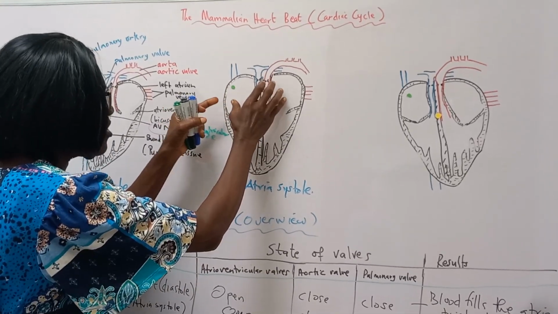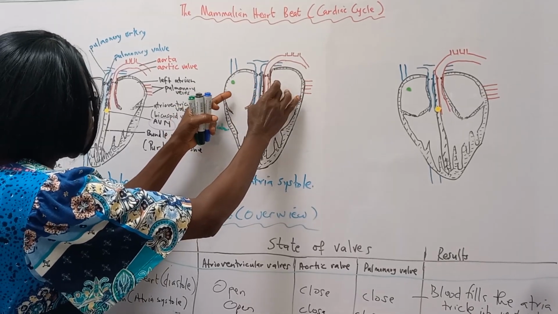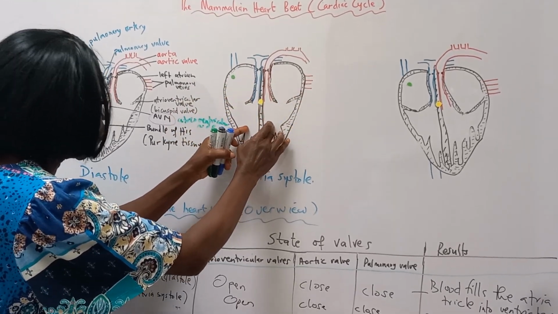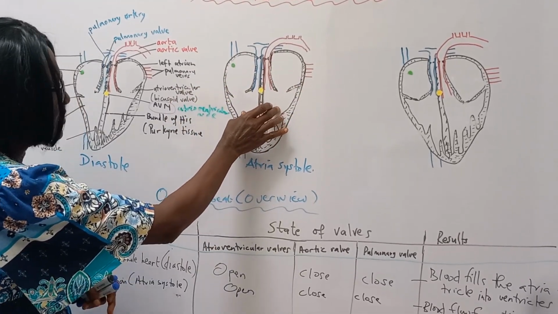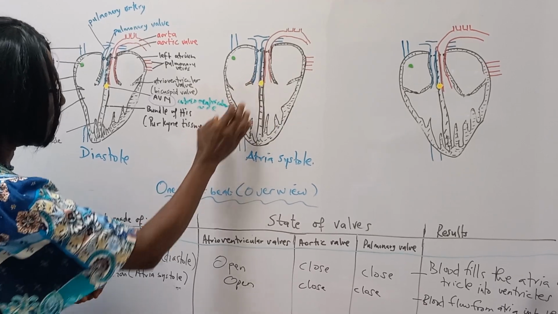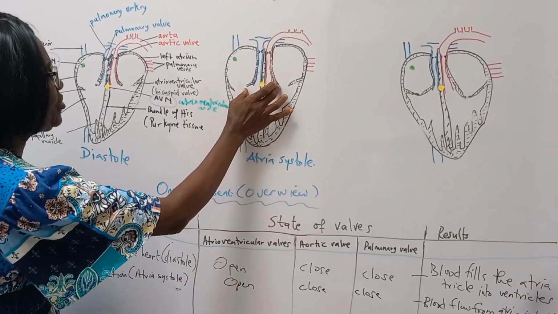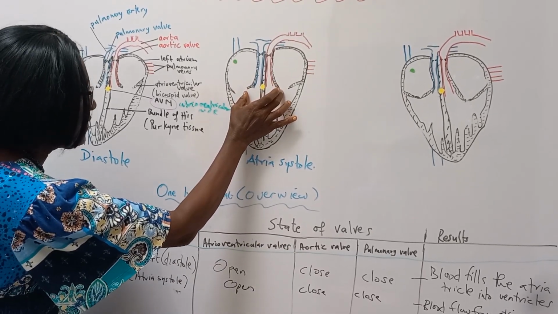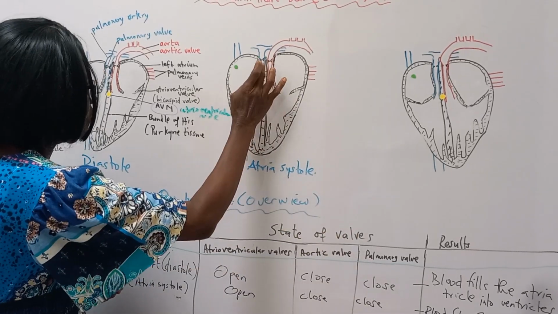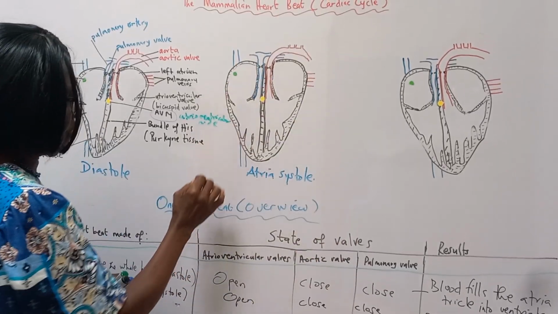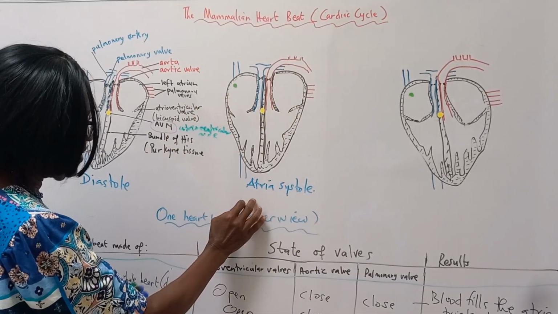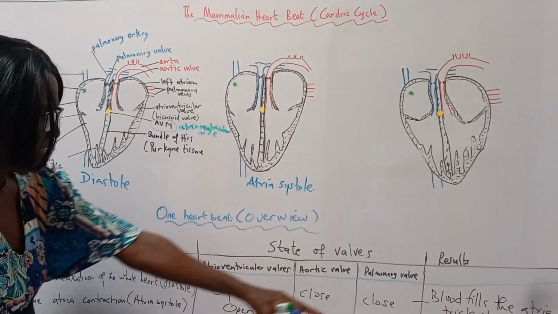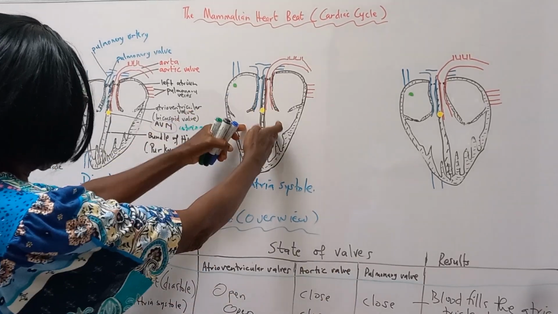So the atria contract and blood flows into the ventricles. And what happens to the valves? We have here the atrioventricular valves open, aortic valve closed, pulmonary valve closed. So blood flows in here. That is atrial systole. The effect, blood flows this way.